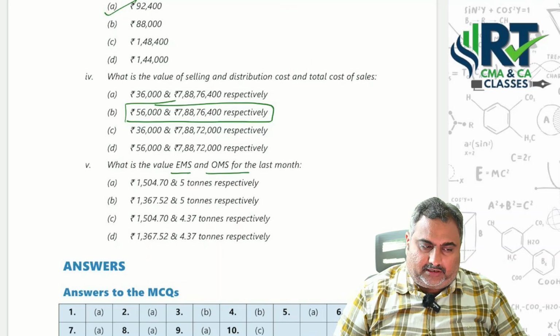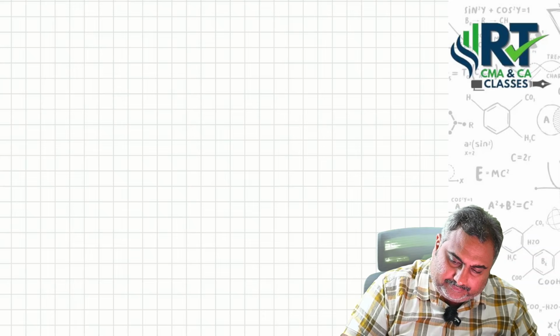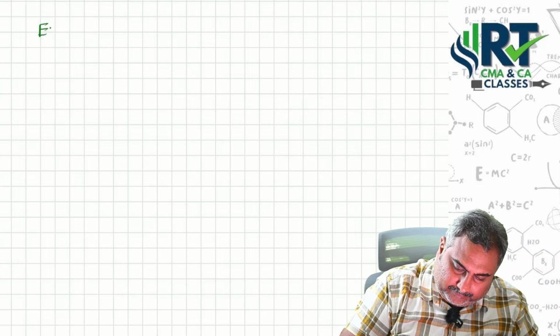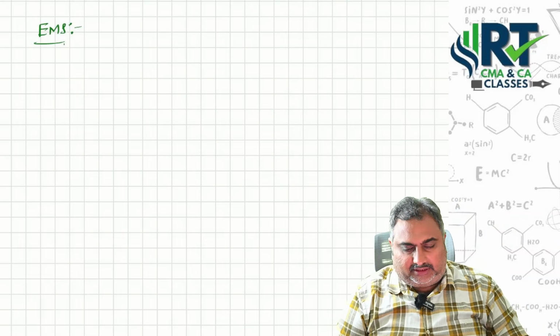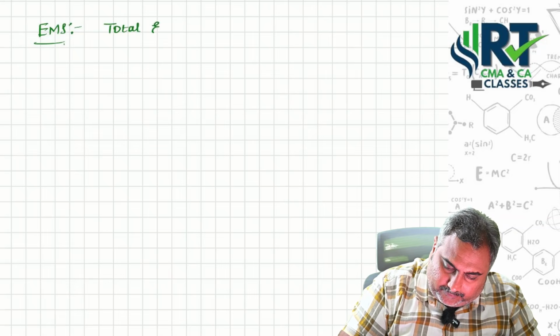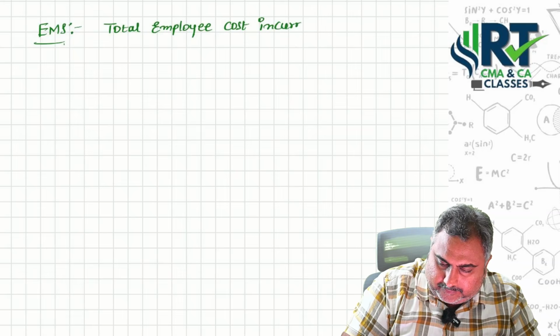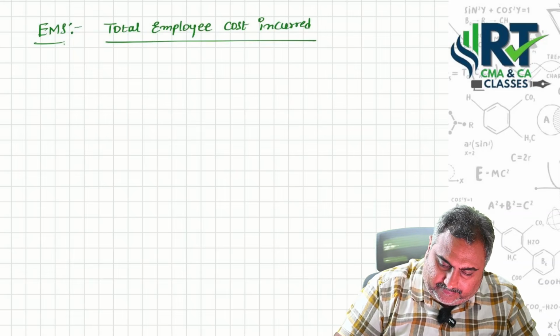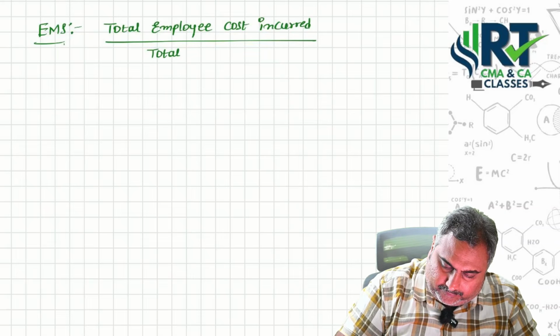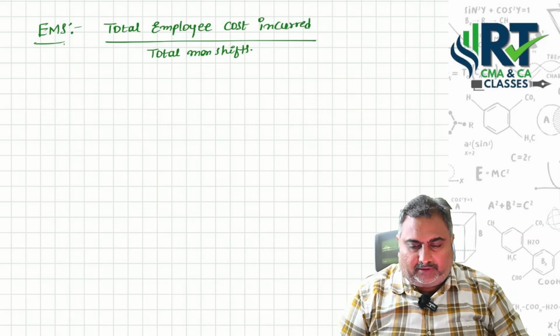Now this point we'll see. So many people have doubt how to calculate the EMS part. Here, this is earnings per man shift. What is the formula? Total employee cost incurred divided by total man shifts.